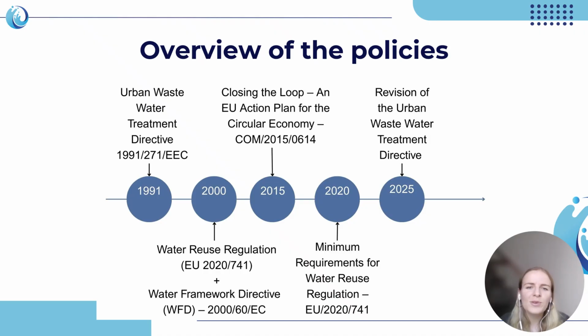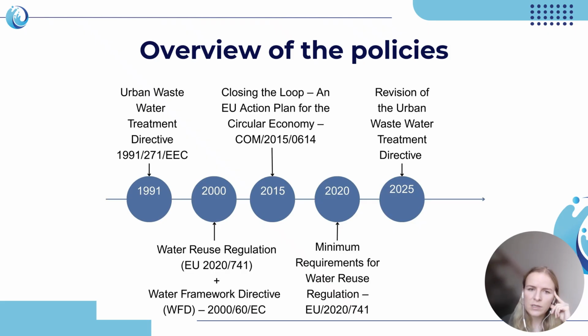And to take a look at the main policies, to give an overview, we start with the Urban Wastewater Treatment Directive, which exists since 1991, and it sets standards for EU member states as to how to treat wastewater. So the goal is to protect the environment from harmful effects of either untreated or inadequately treated urban wastewater.